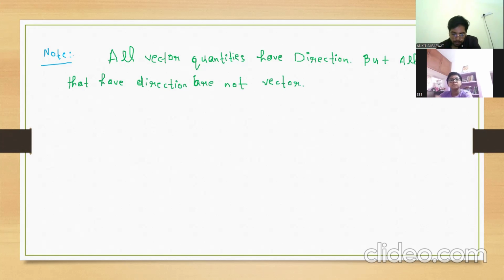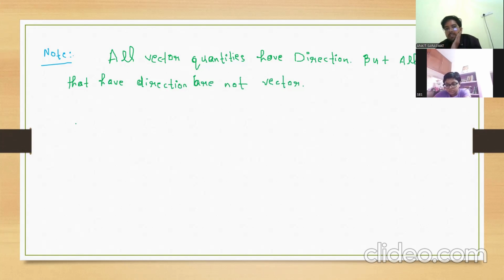So what is the condition of a vector? It obeys the vector law of addition. Any quantity which obeys the vector law of addition, we say it is a vector quantity.